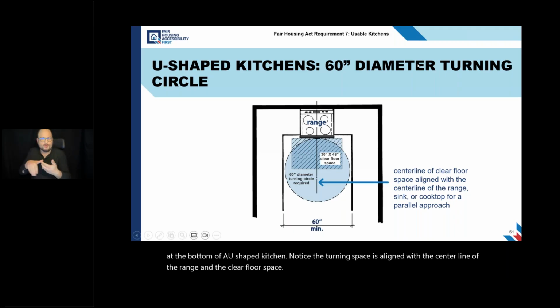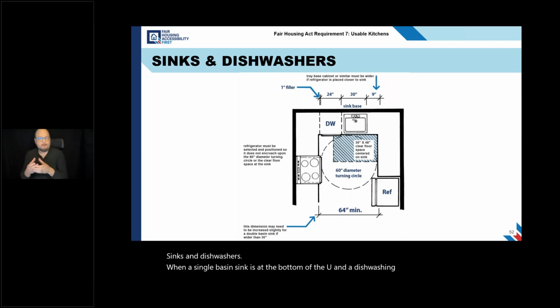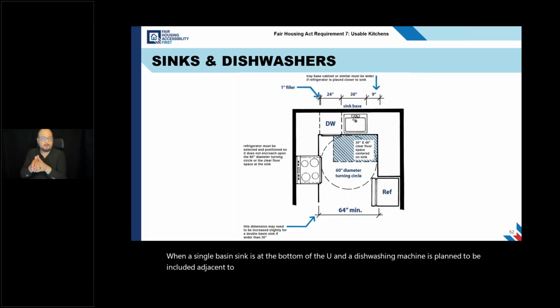Sinks and dishwashers. When a single basin sink is at the bottom of the U and a dishwashing machine is planned to be included adjacent to it, the distance between the legs of the U must be greater than 60 inches to allow a centered approach to the sink.